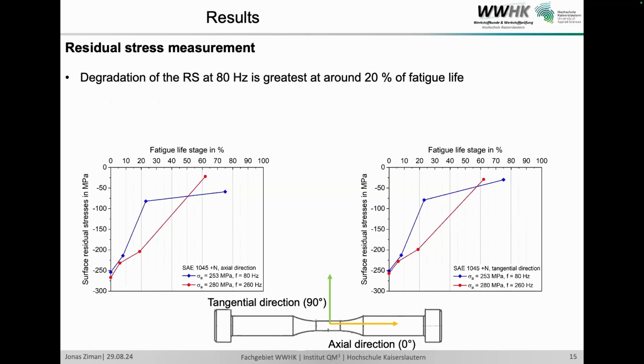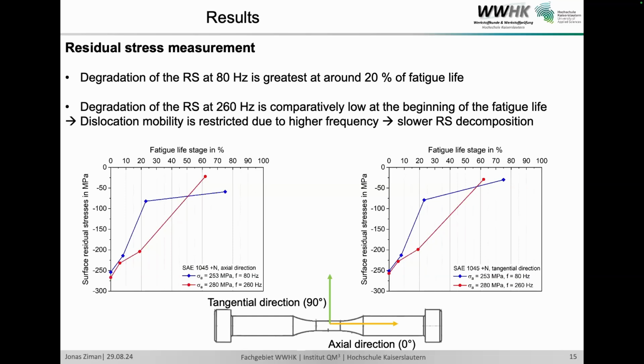We can see that the degradation of the residual stresses at 80 Hertz is the greatest at around 20% of the total fatigue lifetime, which is also in correspondence to the cyclic deformation curves I've shown before. The degradation of the residual stresses for 260 Hertz is comparatively low at the beginning of the fatigue lifetime. This is due to the dislocation mobility, which is restricted due to the higher testing frequency. So we have here a slower residual stress degradation.